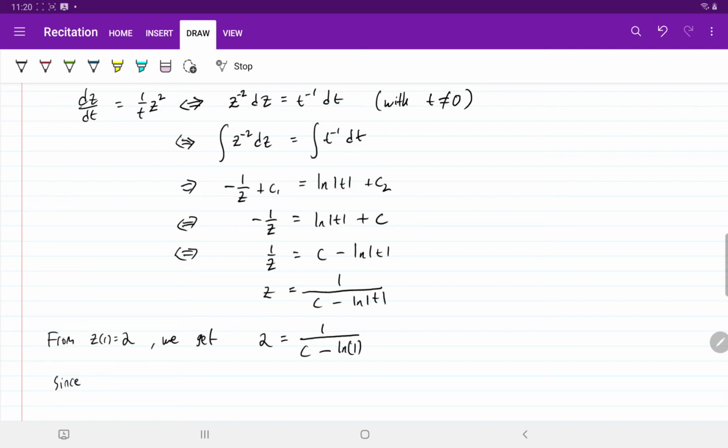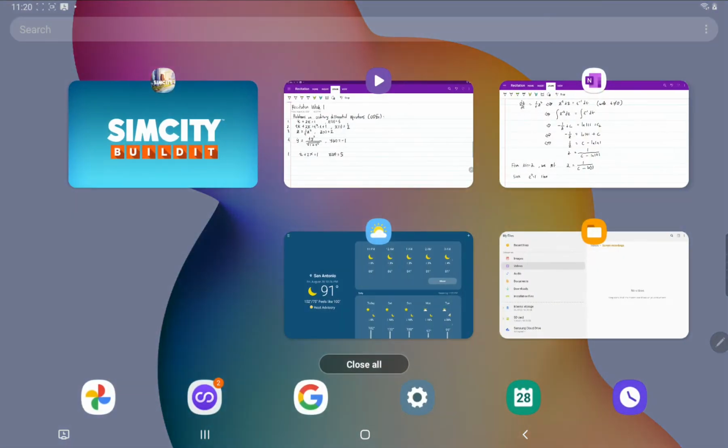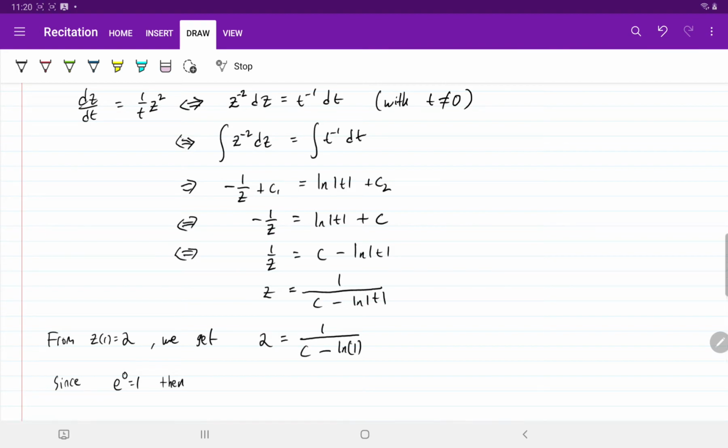But since we know that e to the 0 is 1, then we know that log 1 is 0. Thus c is 1/2.